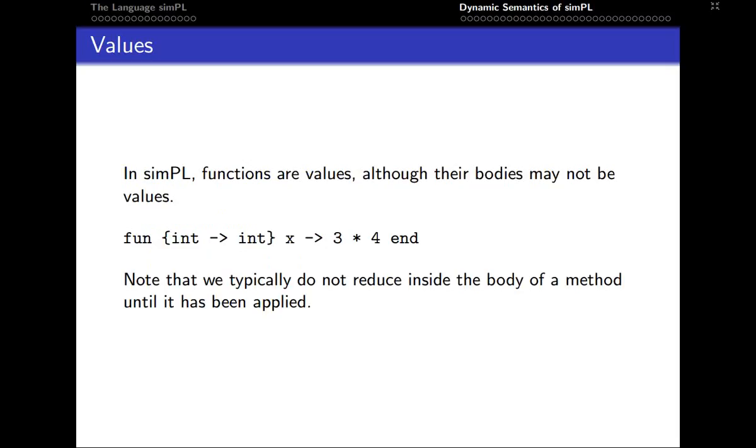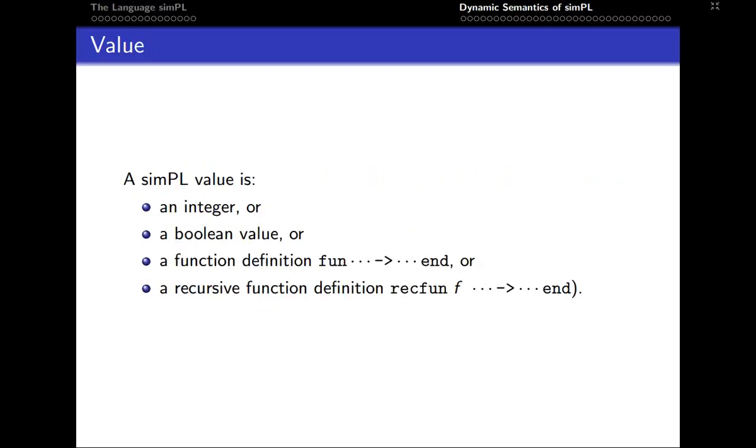They can be passed in as arguments to other functions. So we always want to find out what's the value of an expression, right? And now we need to introduce a new kind of value. Type, as I was saying, is overloaded. So it's either an integer or a Boolean, right? Or a function definition, or a recursive function definition.